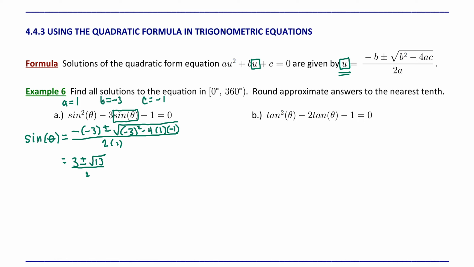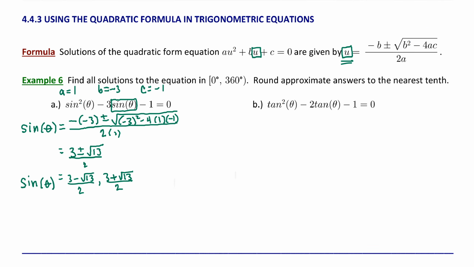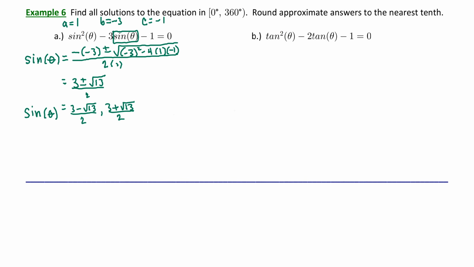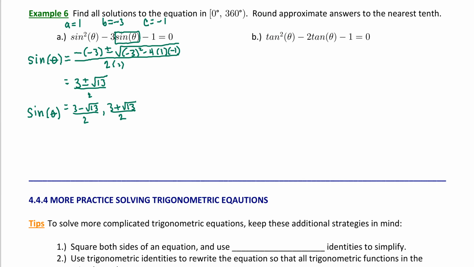We have two distinct answers here, and I'm going to go ahead and split them up. We have 3 minus the square root of 13 over 2, and 3 plus the square root of 13 over 2. Those are not the solutions to the equation. Those are the values of our left side over here, sine of theta. In order to solve the equation, we're going to need to apply the inverse sine to both of those expressions.